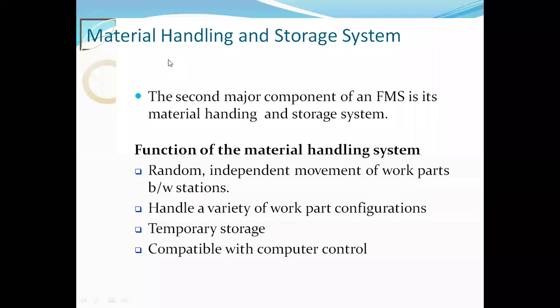Because of mishandling, the manufacturing industries are paying a lot of cost. Suppose if you mishandle the material, there will be unnecessary breakage, or unnecessary cost involvement will be there. So that is why the material handling and storage system is very important. See, this material handling and storage system may be of manual type, or it may be of automated type.